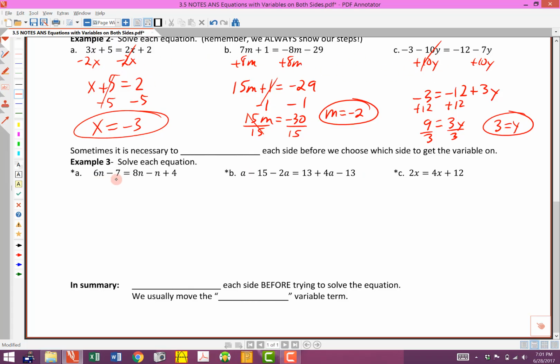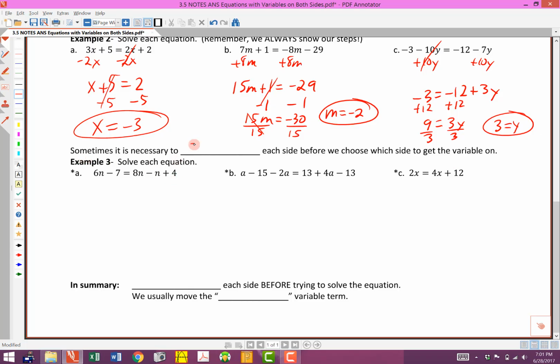We've got 6n minus 7 equals 8n minus n plus 4. Okay, so that looks a little bit different. Then negative 15 minus 2a equals 13 plus 4a minus 13. Definitely a little bit different with a couple of things going on on each one of the sides. And then this one's really kind of interesting the way that one's set up. So we'll come back and look at that in just a second.